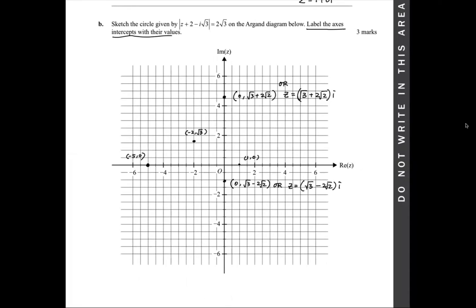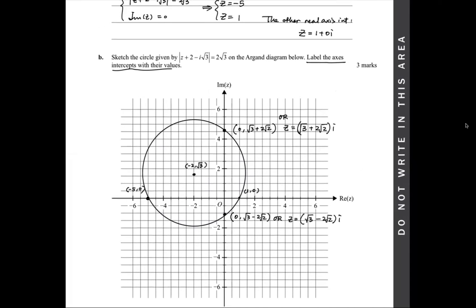Okay, now it would be nice if you bring in a pair of compasses and draw an accurate circle. All right, so basically that is the circle required. Let's label this one: |z + 2 - i root 3| equals 2 root 3, okay?